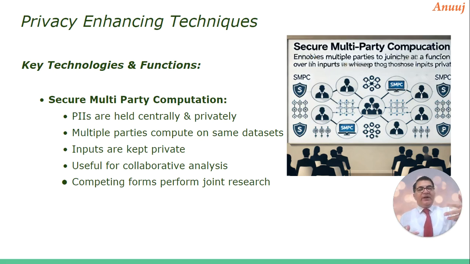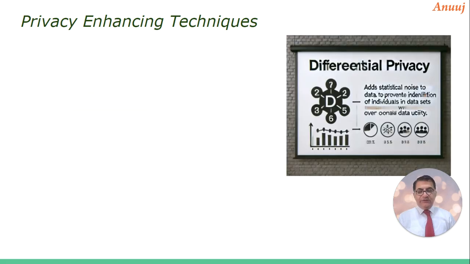So see, the one who is planning a medicine, the one who is planning a treatment, the one who is just analyzing how many patients are there, they all can work independently as well as collaboratively, but they don't need to, and they don't even have access to the PIIs stored in that particular information.